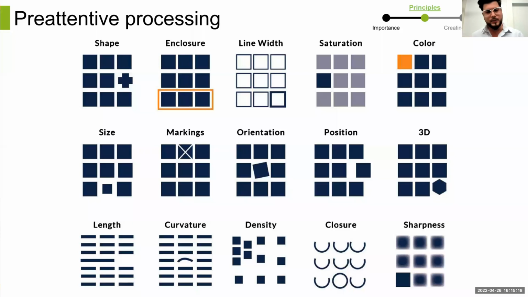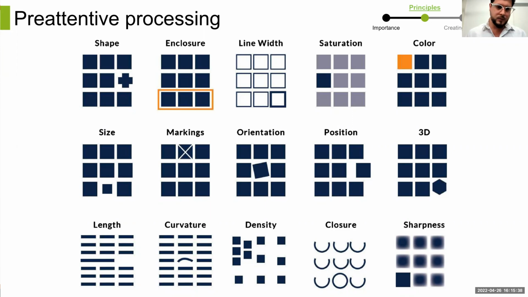Deeply related to Gestalt theory is the concept of pre-attentive processing, which is a subset of Gestalt theory. It is extremely relevant when creating data visualization, and is something that I always use when I conceive ideas and plot them into specific charts.